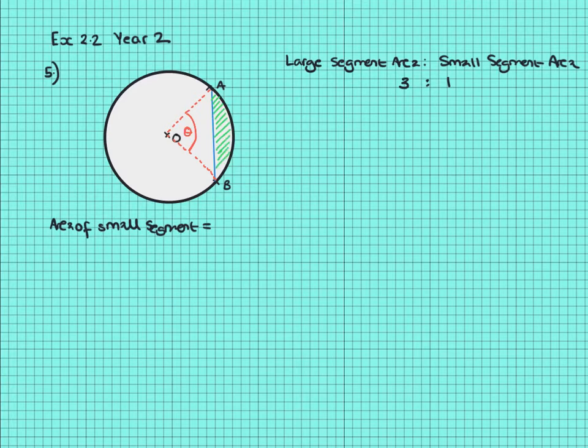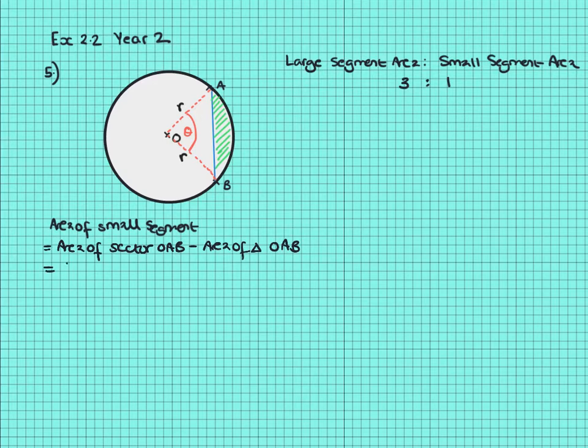And I'm going to give the circle a radius of r, as we're not given a numerical value for the radius, and the area of the small segment is equal to the area of the sector OAB subtract the area of the triangle OAB, which leaves us with the green segment.